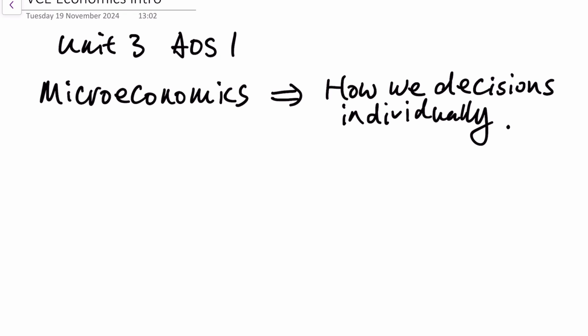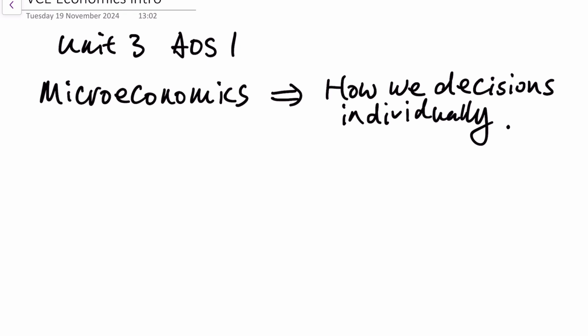I think the thing that separates microeconomics and macroeconomics is that in microeconomics, we look at individual agents, individual people, individual consumers, and see how they will react to different things. This is what we are trying to find out in microeconomics.